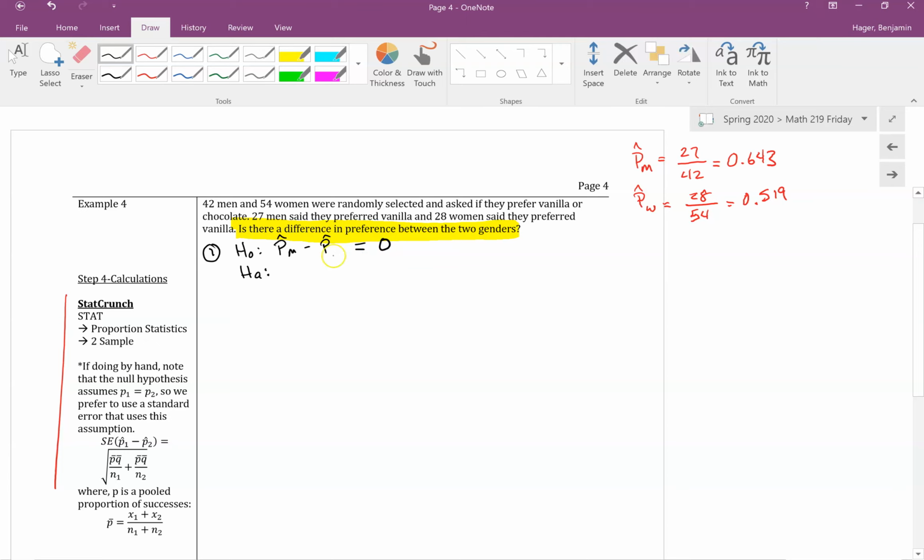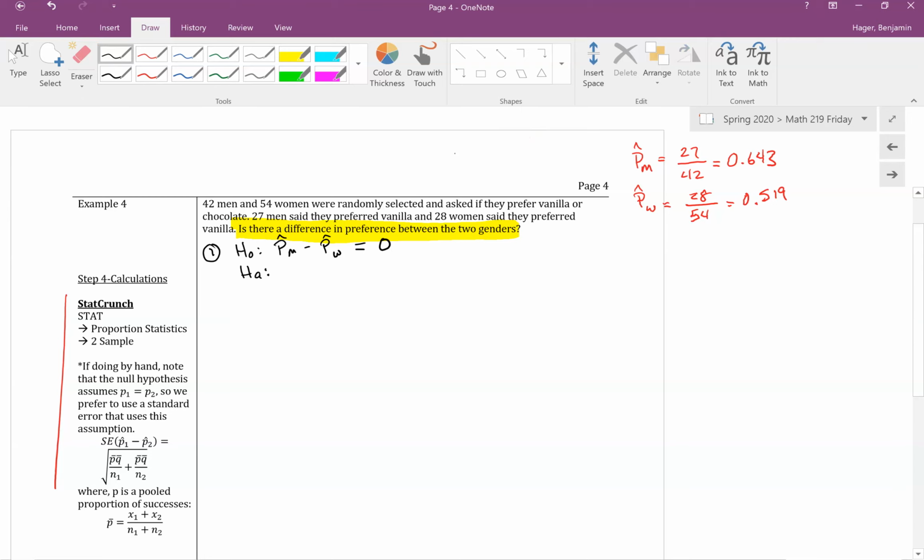Write this a little more clear. Okay. And again, it's not like I had to put the percentage of men first or women first. It wouldn't matter, okay? Especially in this case where it's a not equal case, a two-tailed case. It does make a little difference when it comes to picking these symbols, and you just got to make sure you grab the right one based on who's bigger.